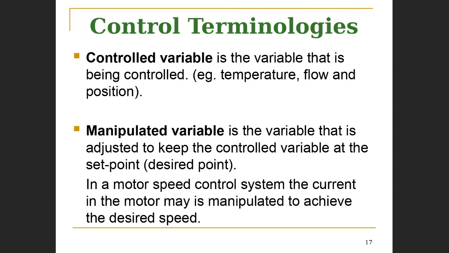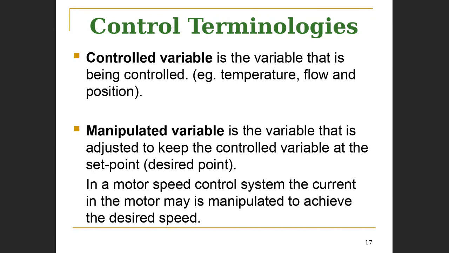The control variable is the variable that we're seeking to control. It's the variable that we're seeking to force to have a specific value. Now, this could be temperature, it could be flow, it could be position, and you could list some other variables that we would seek to control.